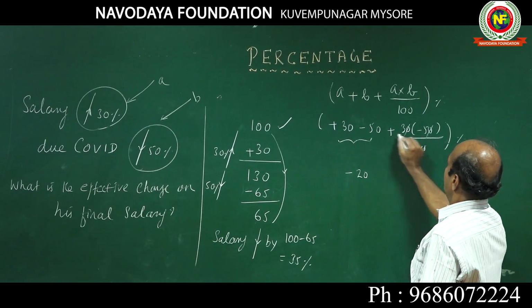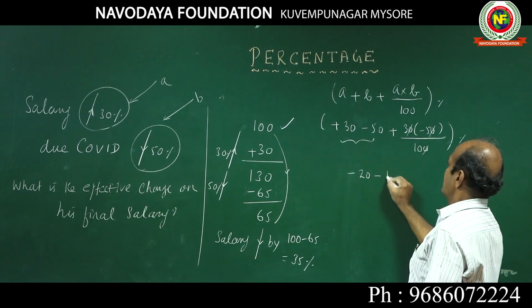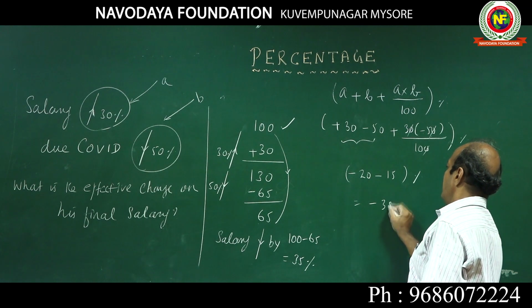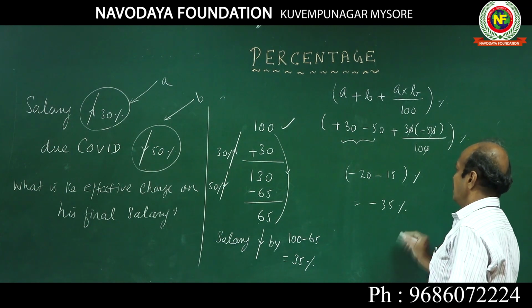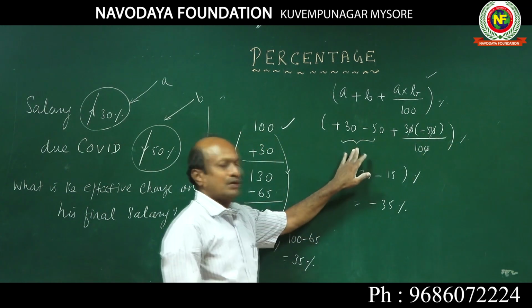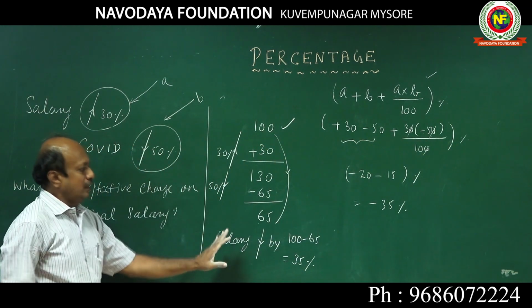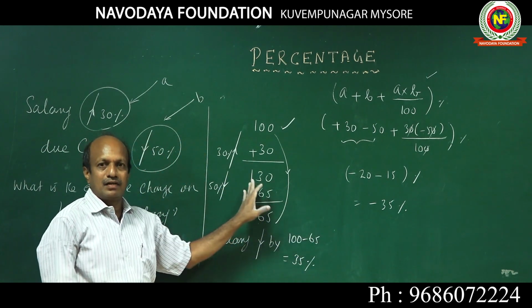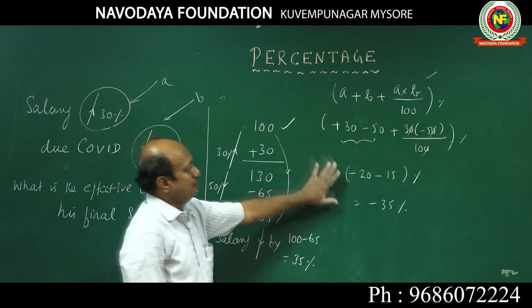How much will we get? Plus into minus is minus 50. Total, that means what will we get? Minus 35%. And I am sure most of you are comfortable with this formula method. Both are equivalently easy. If you are comfortable by reducing, adding another thing, you can go for it. Otherwise, the preferred method is this one.